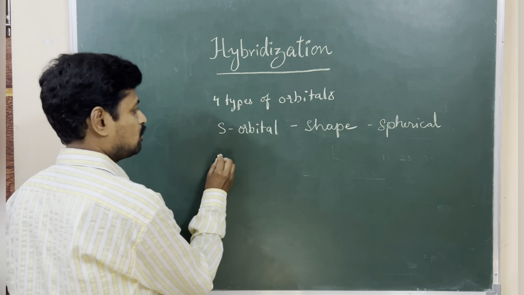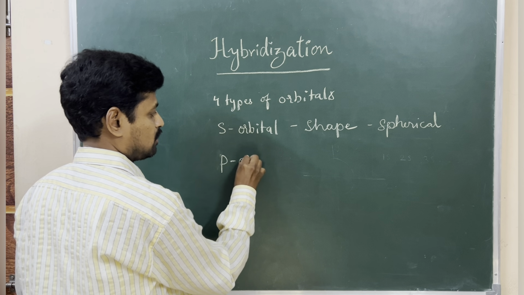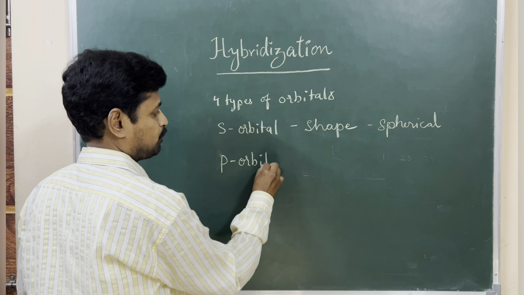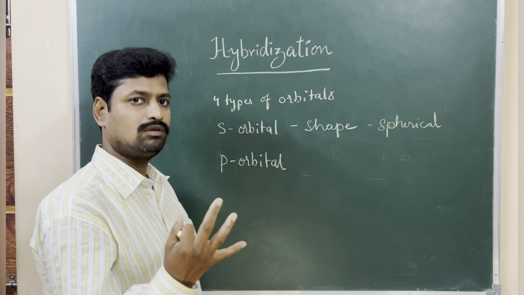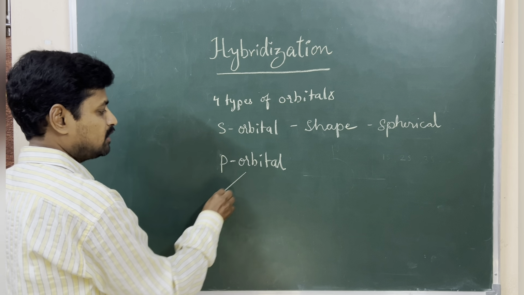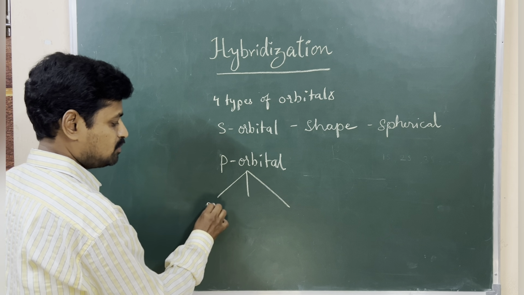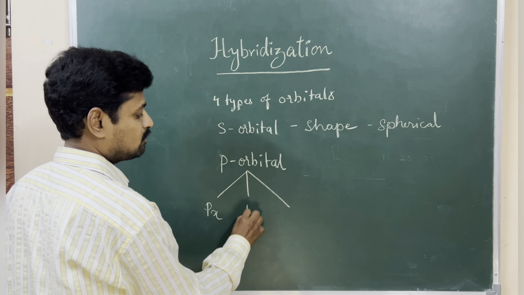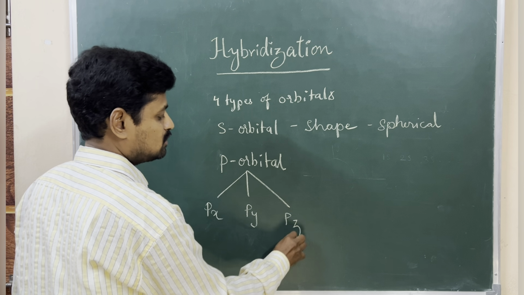The second one is the p orbital. The p orbital is divided into three types. It is divided into three suborbitals: one is px, second is py, and third is pz.